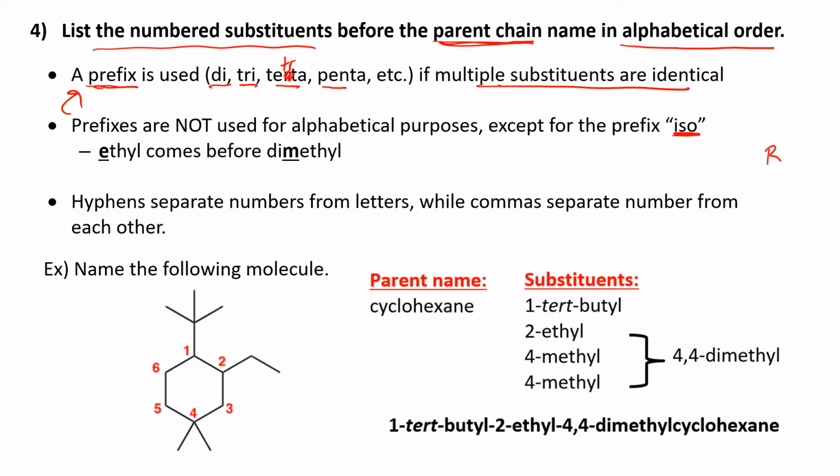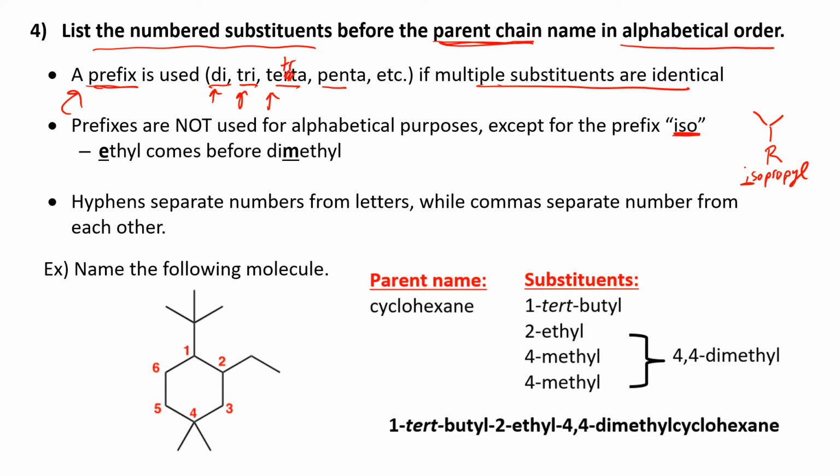So we had that isopropyl group. This is the only exception. So when you see an isopropyl group, we are going to consider the I alphabetically. Everything else, the di, tri, tetra, we don't include those prefixes alphabetically.